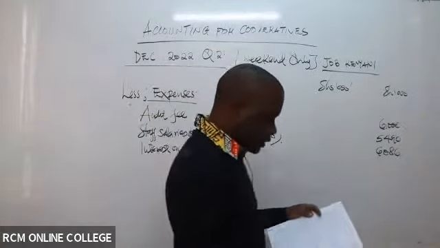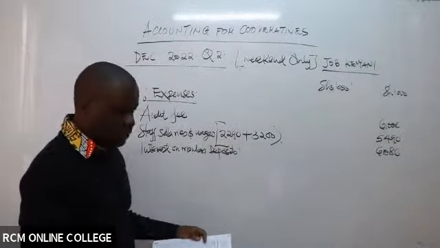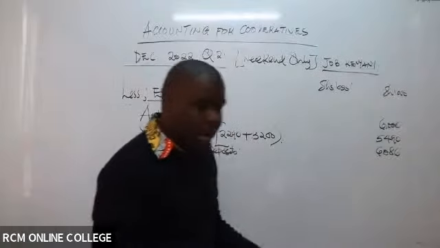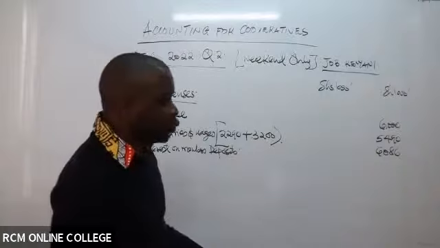Once you are through with the additional information, and you look at the items affecting the trial balance, then we go back to the trial balance and pick out those expenses which we are yet to knock out.